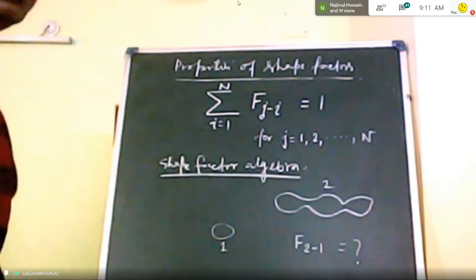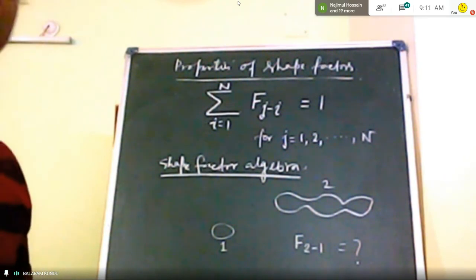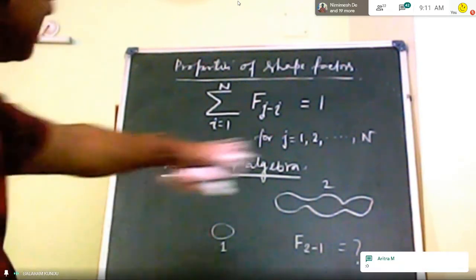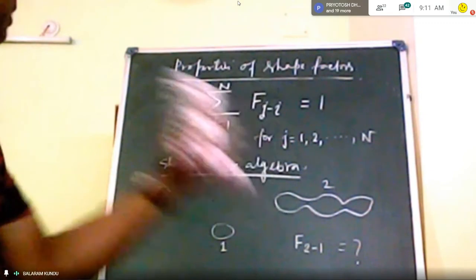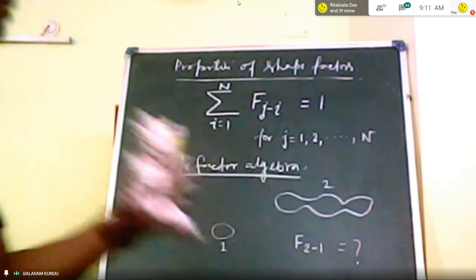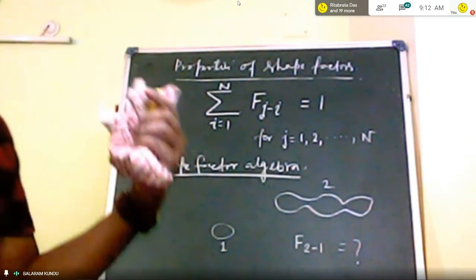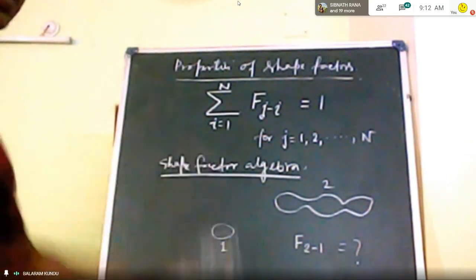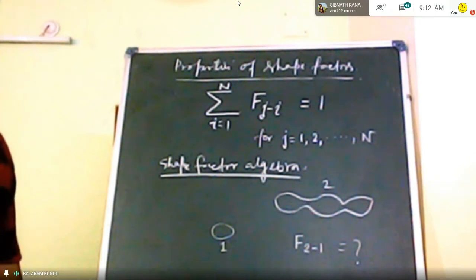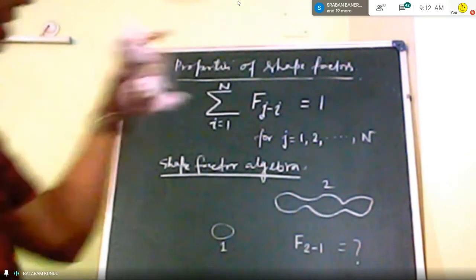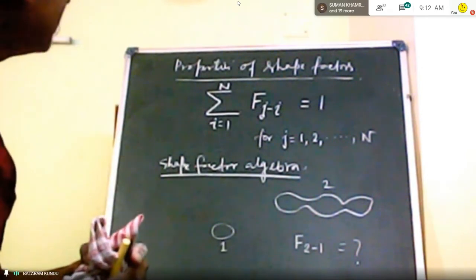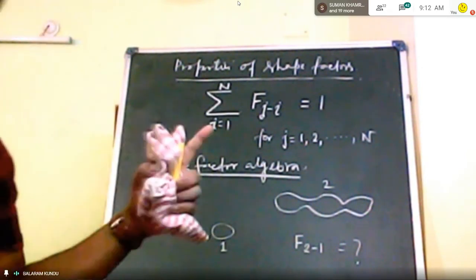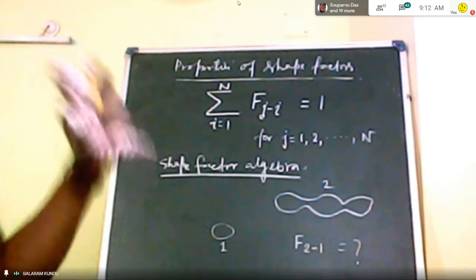Then it is possible to split up the shape factor using the shape factor algebra concept. So for shape factor F2 to 1, we can get one mathematical expression by splitting up surface 2 depending upon your requirement, your condition, or the shape. Because surface area 2 is very complicated, sometimes it may not be possible to integrate.